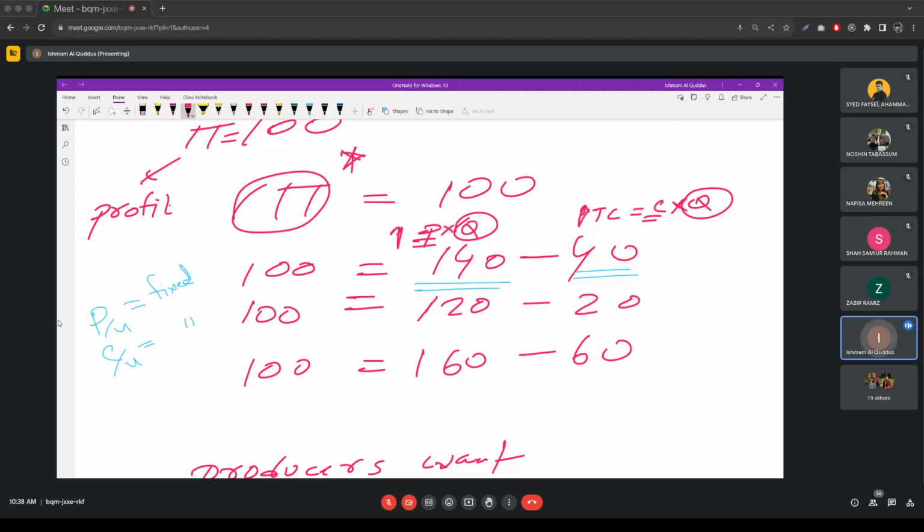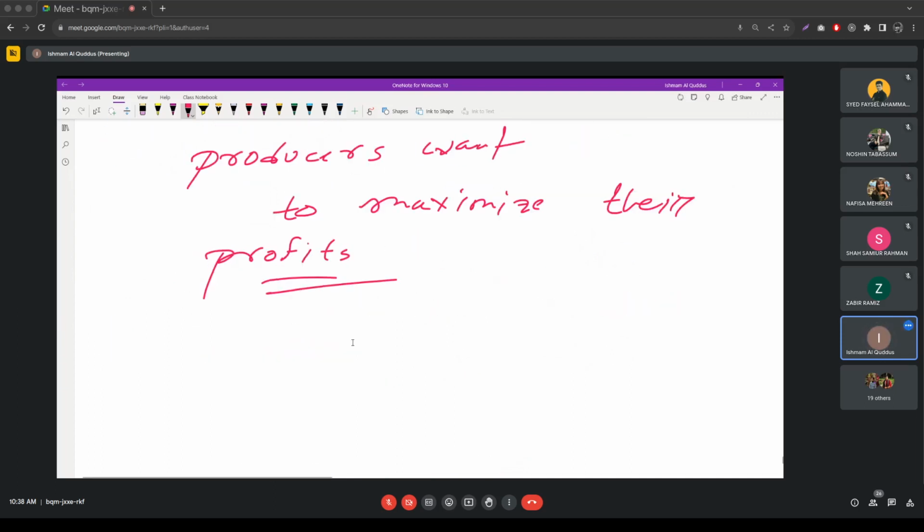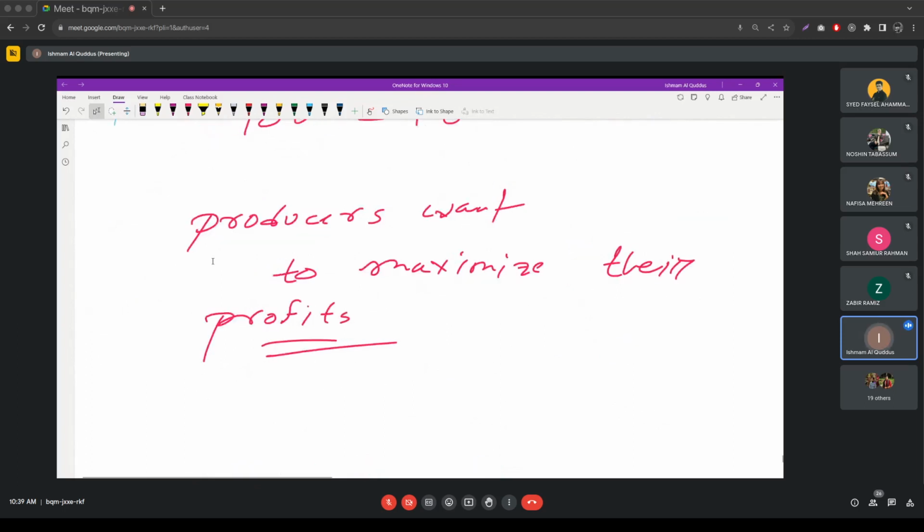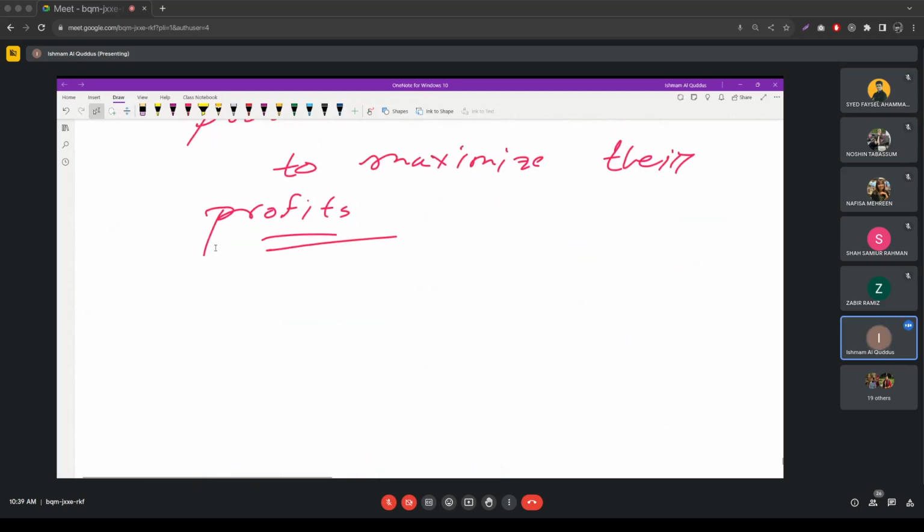Whatever works for you. As long as you can attain this maximum profit level, you are happy. You don't really care whether you reach this point by maximizing your revenue or minimizing your cost. So this is the objective for any producer: to maximize their profit.